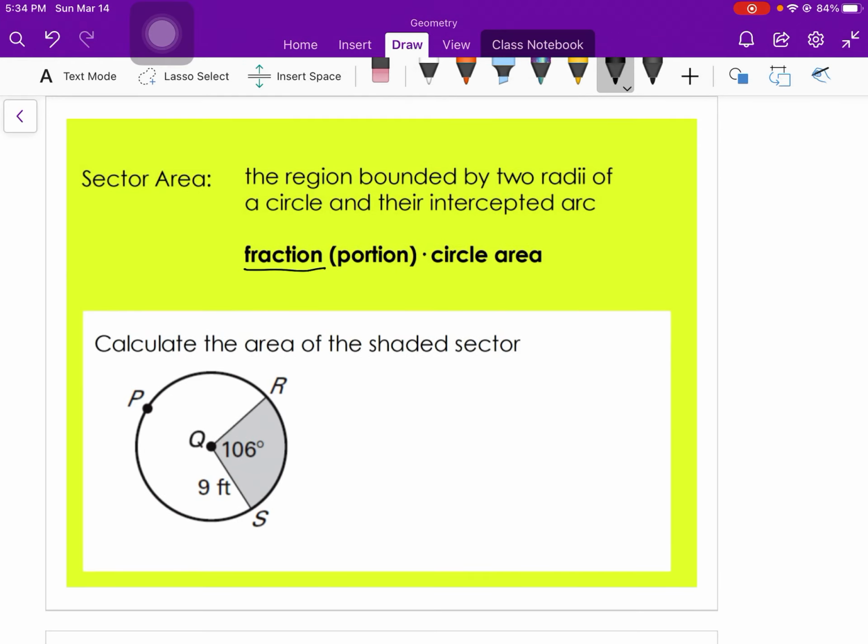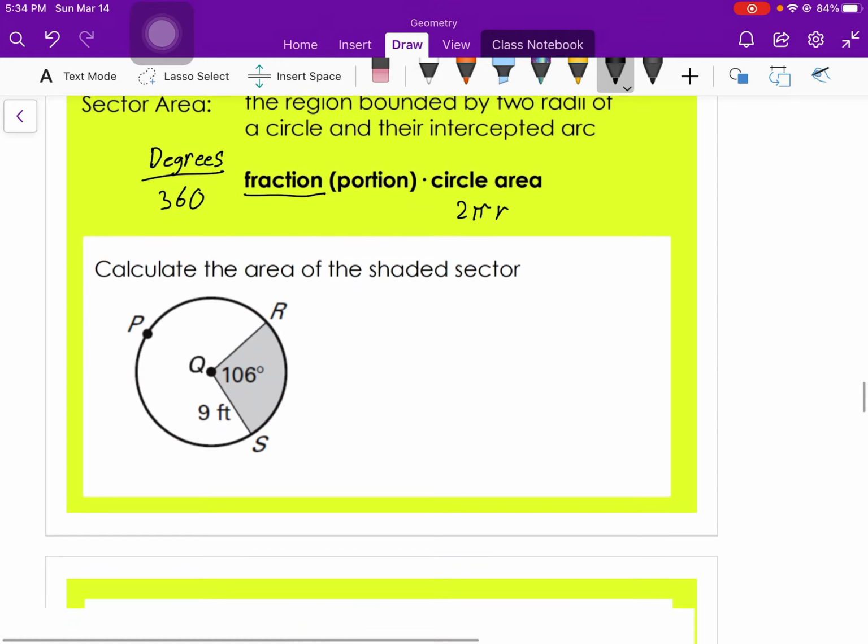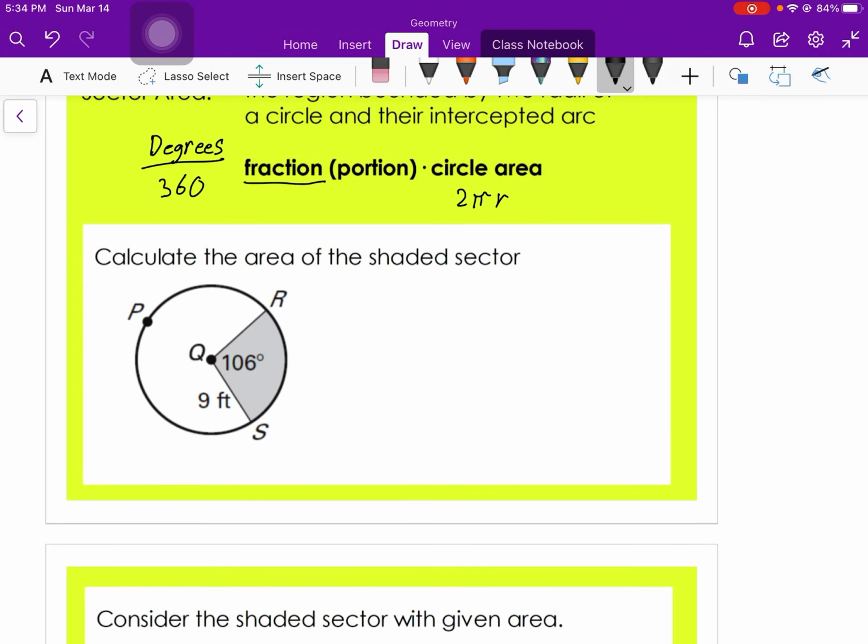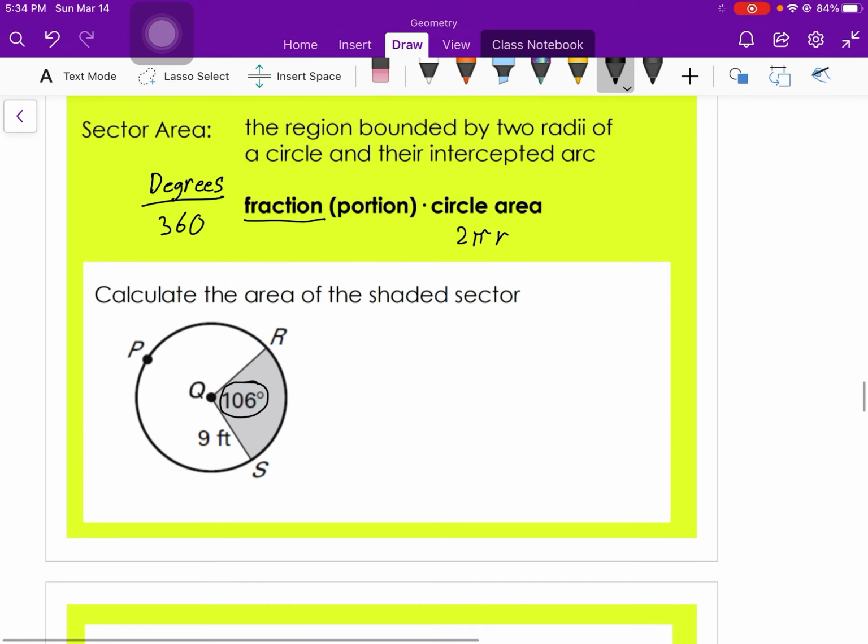So we're going to look for the fraction, which is degrees out of 360, just like it was for arc length. And then the circle area, we use 2 pi r for the formula. So if you look at the first diagram, notice we have the gray shaded region, and the intercepted arc that we have for that is 106 degrees out of 360 in total.